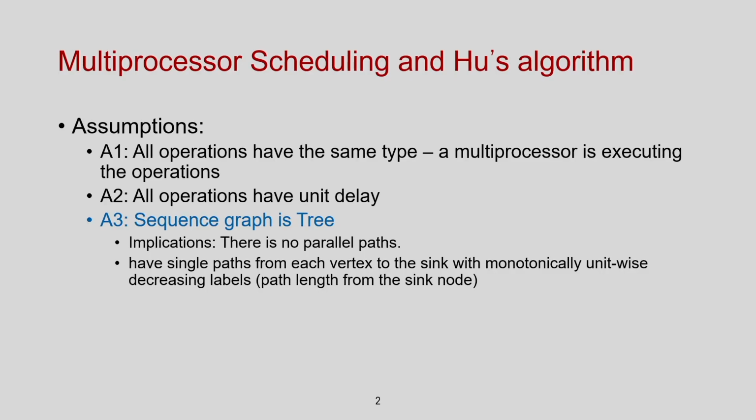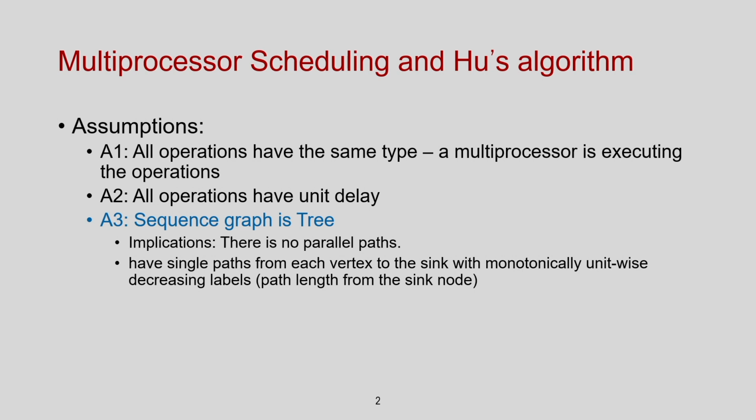In general, the sequence graph has operations such as addition, multiplication and so on, but in multiprocessor scheduling we have a single type of function unit, a processor, which can execute any operation. Then we assume that all operations have unit delay, the delay is 1, and specifically that the sequence graph is a tree. The data dependency graph that we are given is a tree.